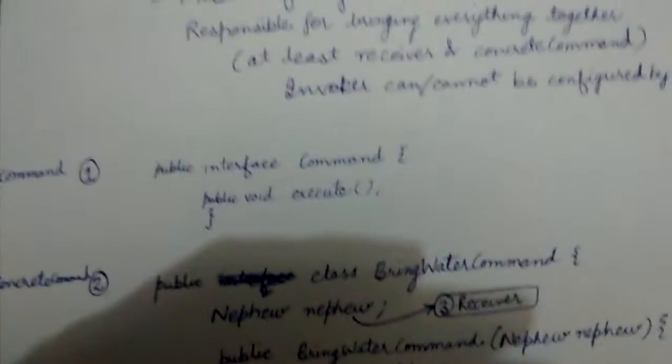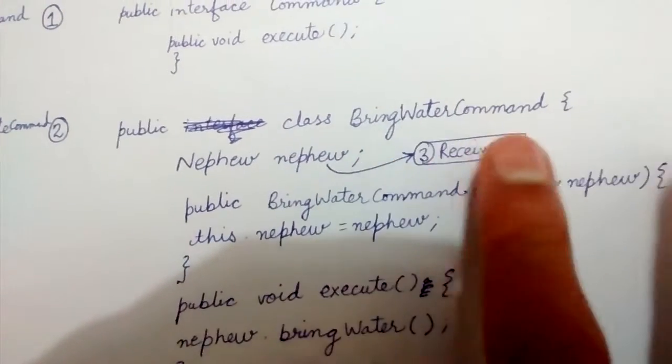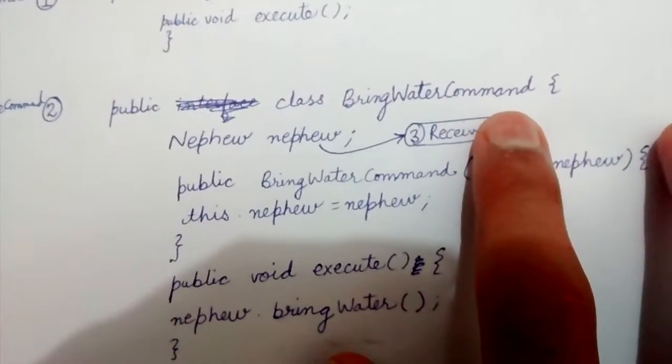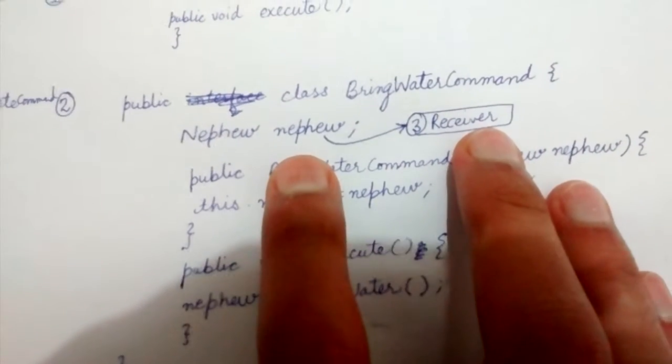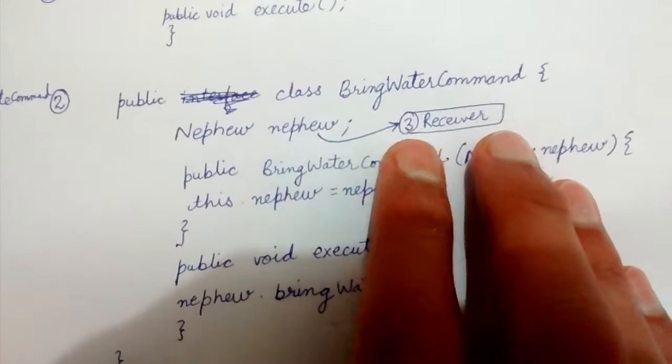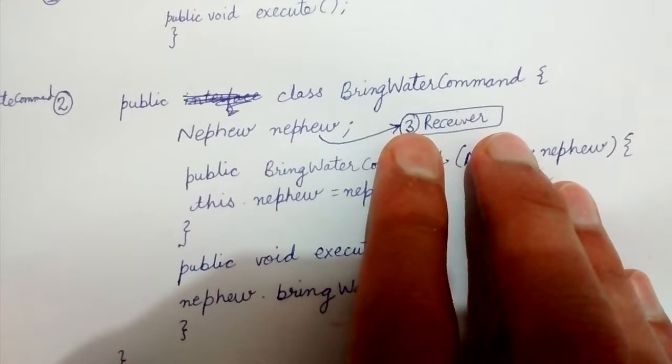So let's see. Let's consider a bring water command. Here we have a nephew object reference. So this is the third module, which is the receiver.